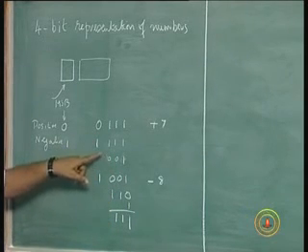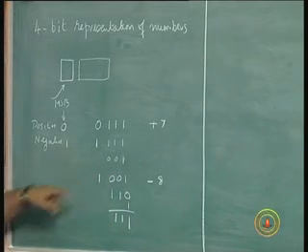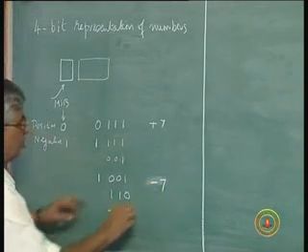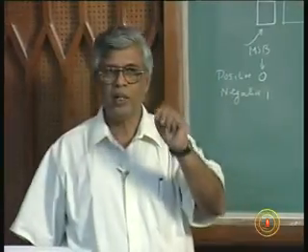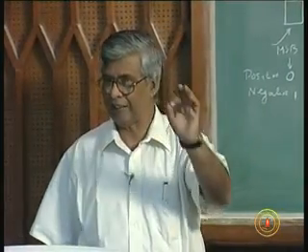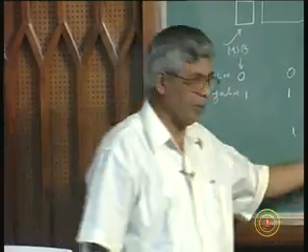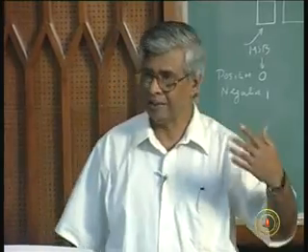So 1 0 0 1 is minus 7, 0 1 1 1 is plus 7. I still have 1 0 0 0, which is a negative number because MSB is 1, but already we have reached minus 7, so I can use it to represent minus 8.